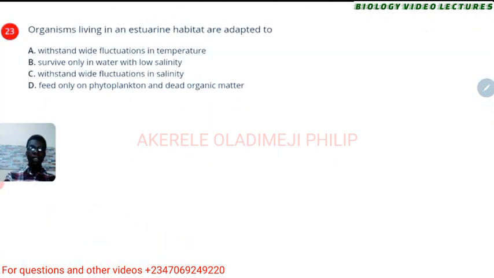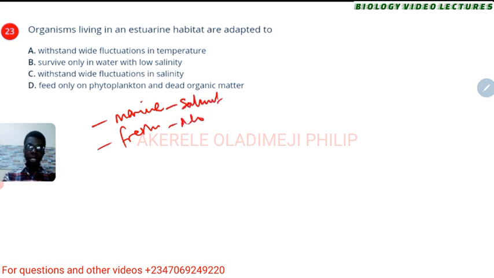Organisms living in an estuarine habitat are adapted to what? The question you ought to ask yourself is, what is an estuarine habitat? Well, we have three types of aquatic habitat. We have the marine, which is salty. We have the fresh water, which is not salty, which means it has no salinity at all. Salinity means saltiness, so this one has high salinity, this one has no salinity.